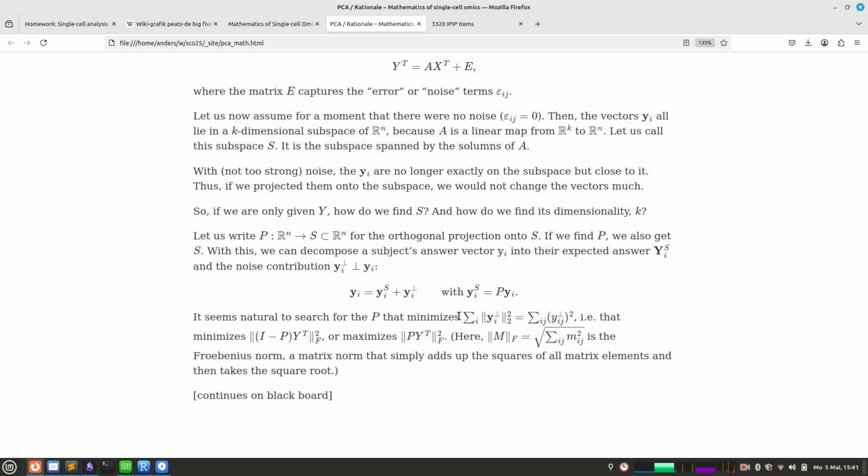So we take our matrix and expand this projection in the basis.